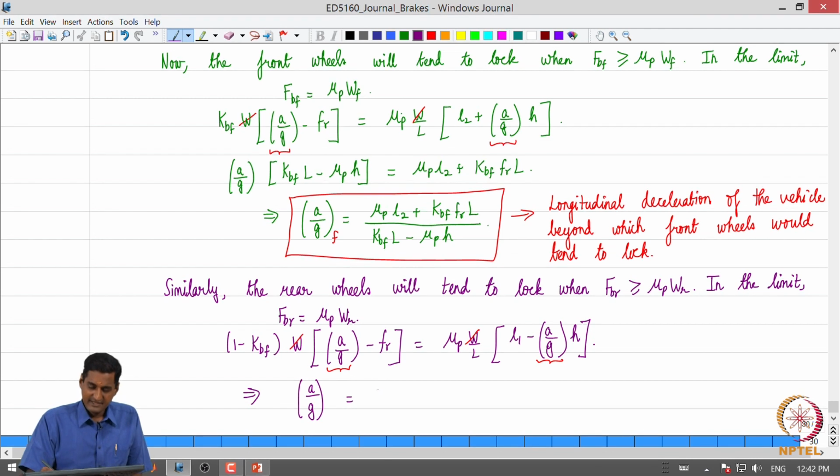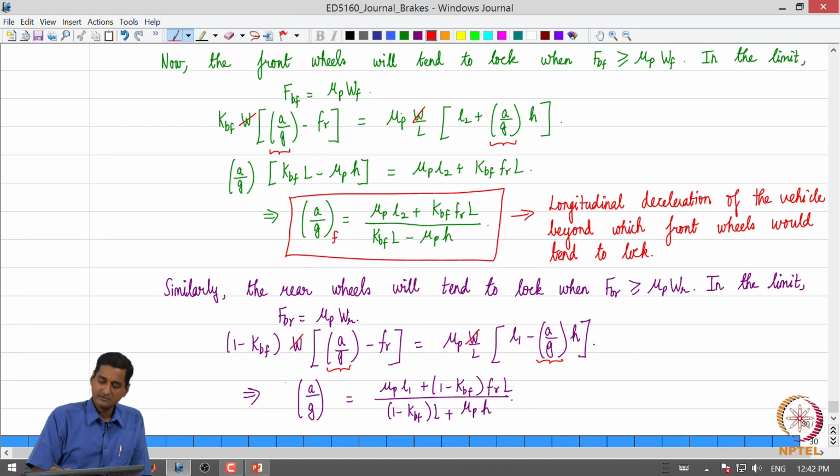So, this expression will now be mu P L1 plus 1 minus kbf FRL divided by 1 minus kbf L plus mu P H. Okay.